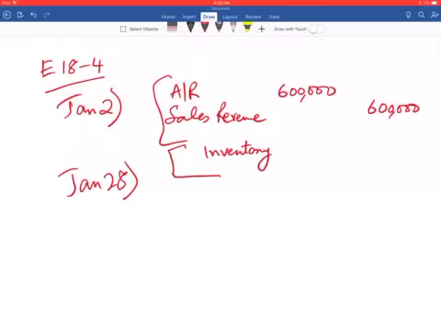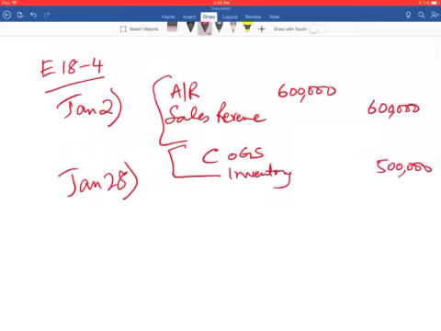I should have first written cost of goods sold, and then the inventory. Inventory will be credited for $500,000, and cost of goods sold is debited for $500,000.